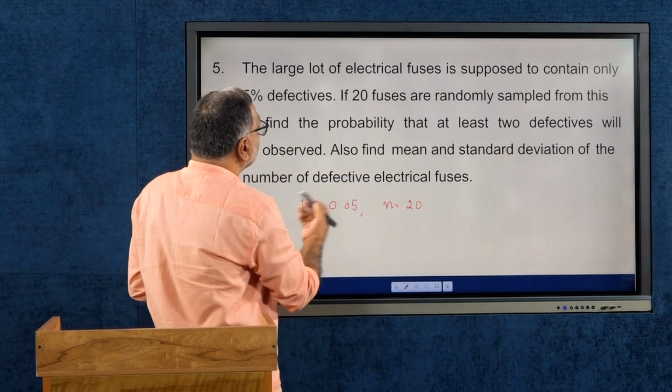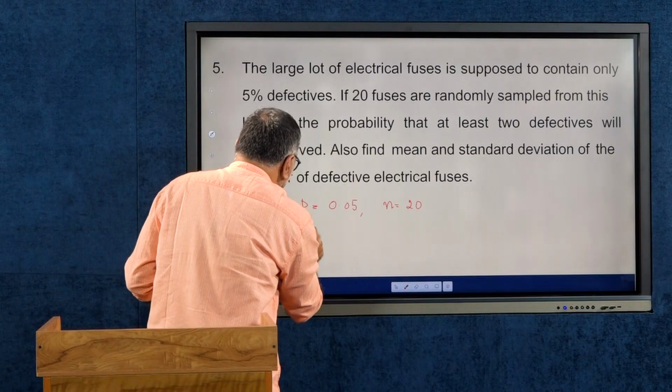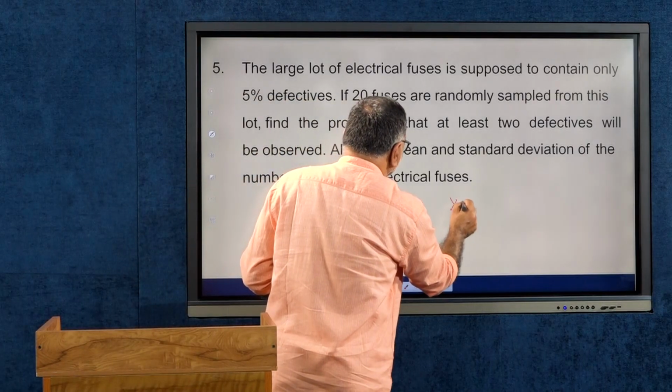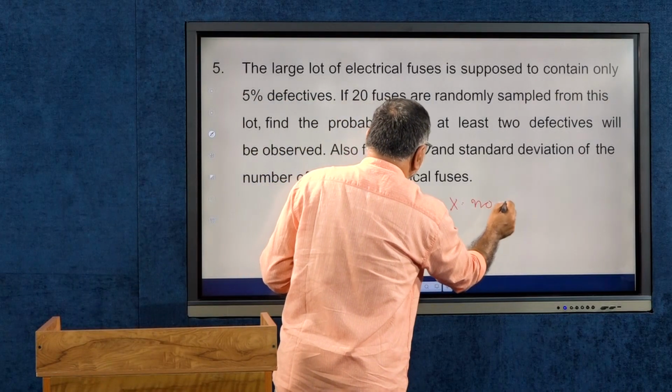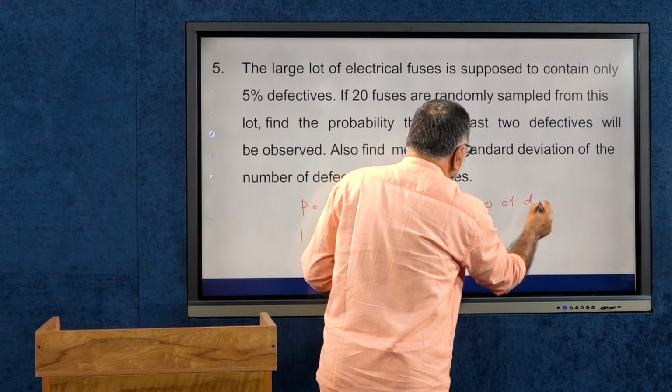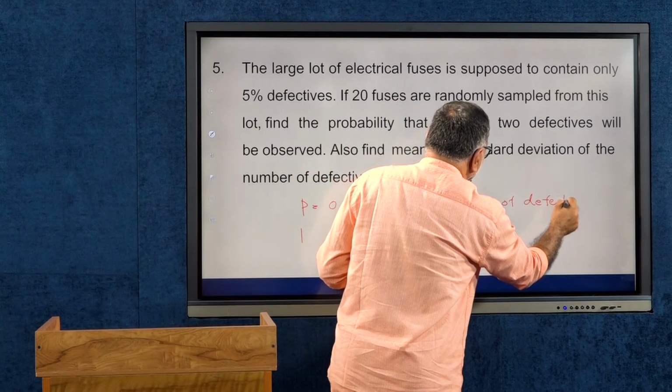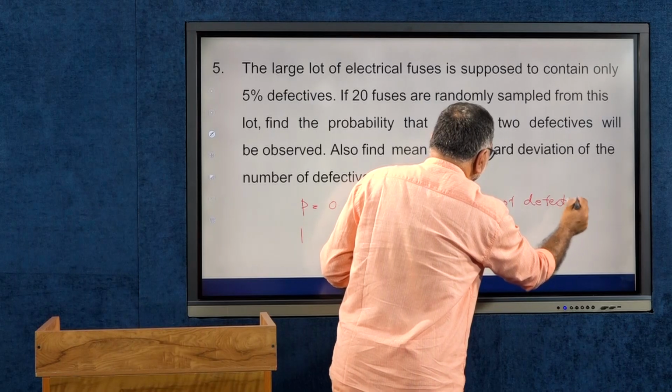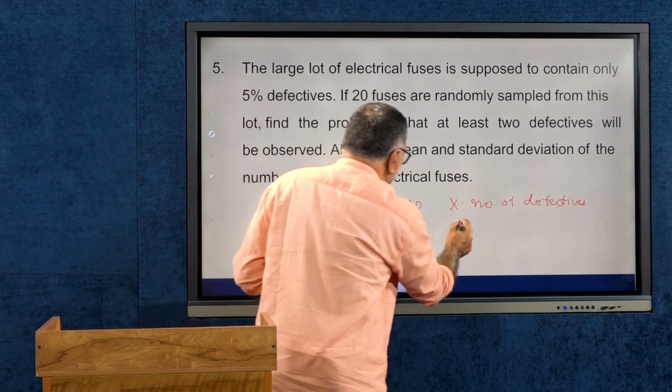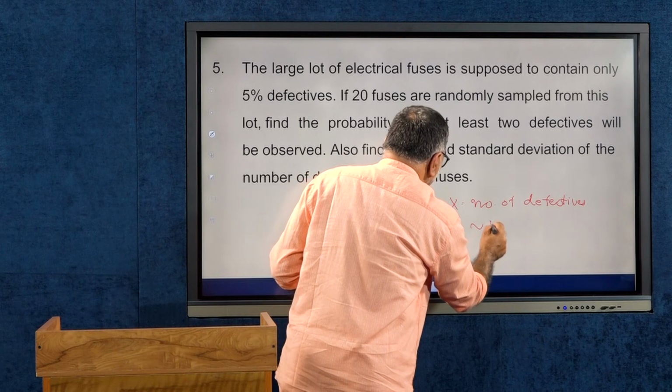Suppose X is the number of defective fuses, and so this X follows binomial with n and p.